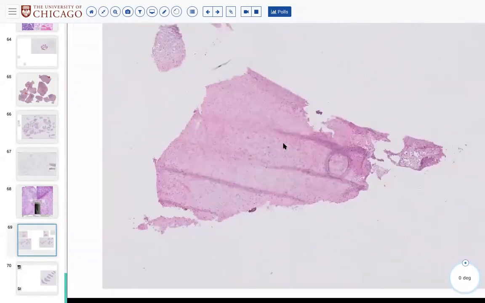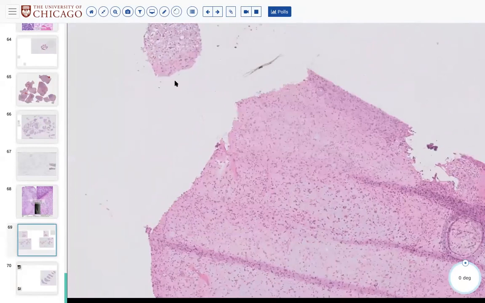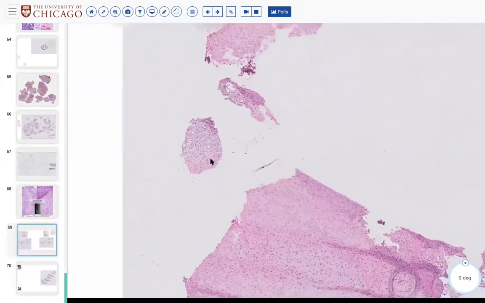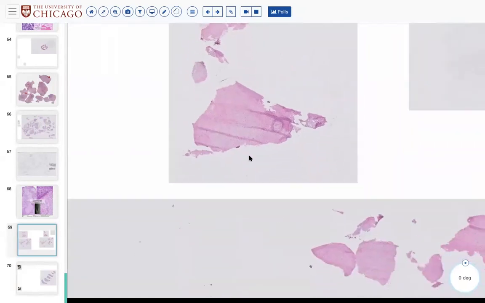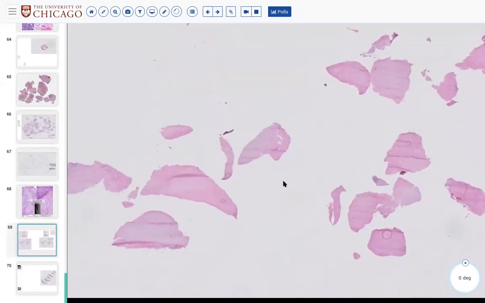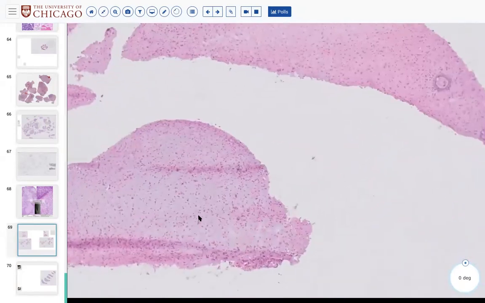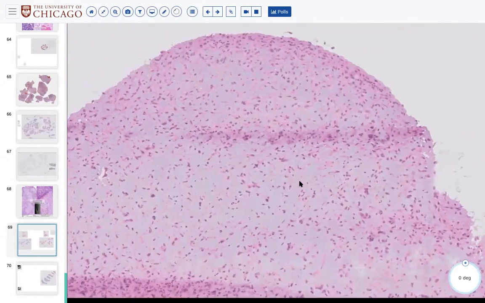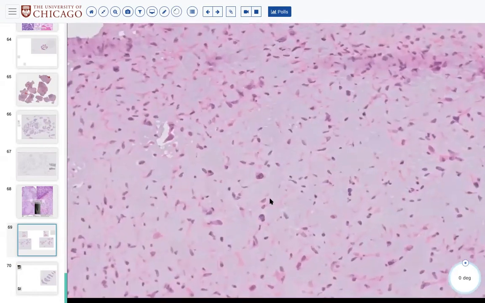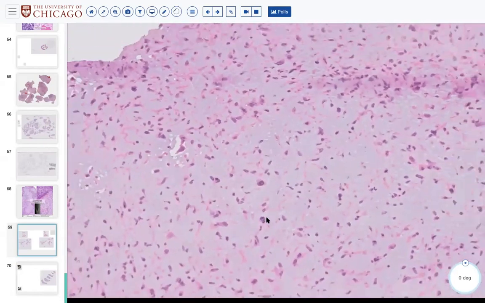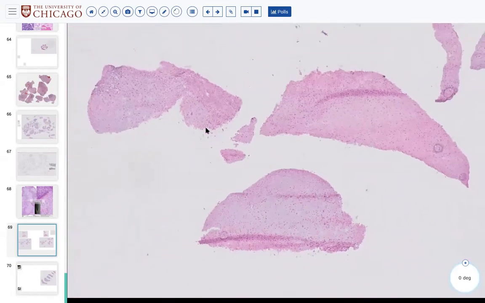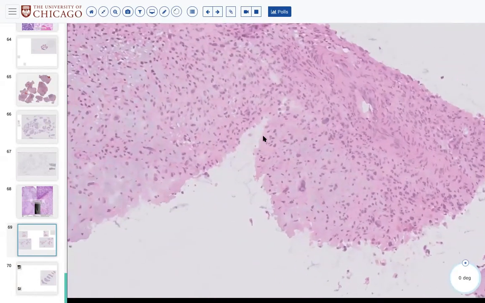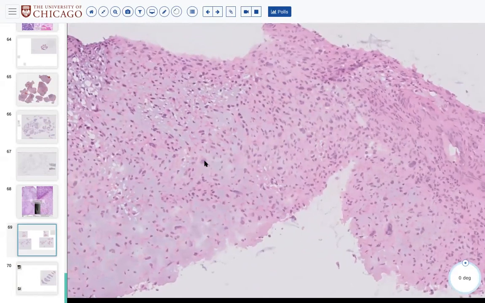This is scary. Oh yeah, this is malignant. Yeah, this was scary on frozen. I agree. Increased cellularity, kind of hyperchromasia. So here we have cartilage.